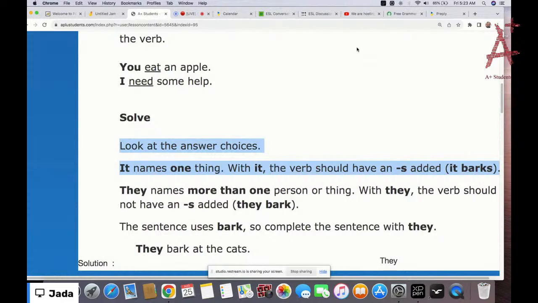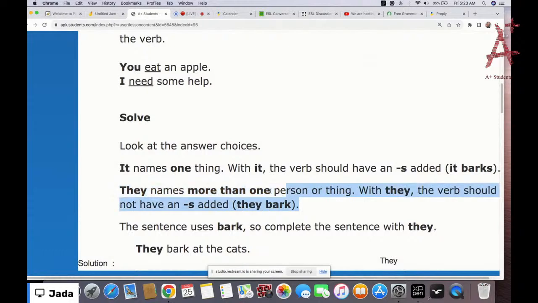Okay. But that's if you have backs with s. This one now, we have bark, and it doesn't have s, so you need to find a pronoun subject that is suitable. The one that can be suitable is they bark at the cats. So why is it they? They name more than one person or thing. With they, the verb should not have an s added.